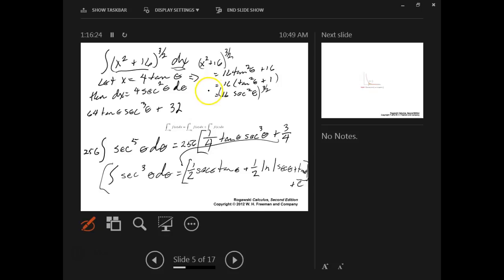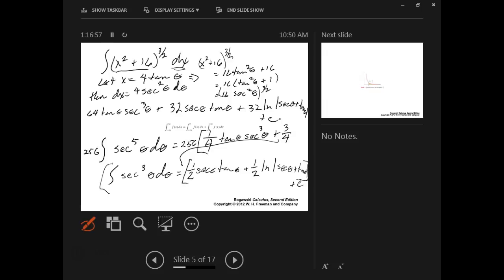So 32 secant theta tangent theta plus 32 times the log of the absolute value of secant theta plus tangent theta, plus c.